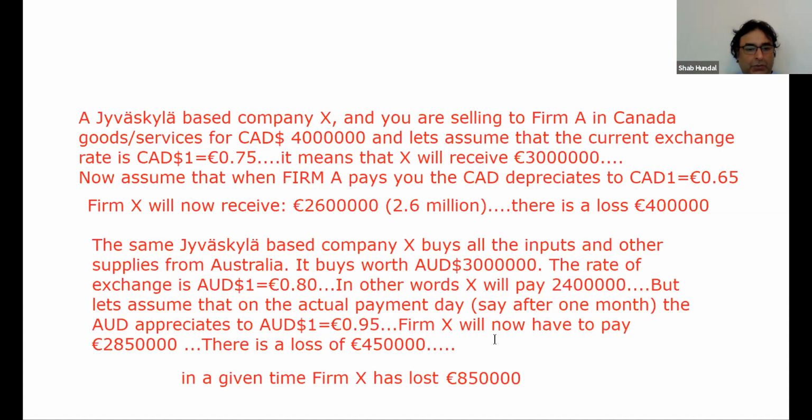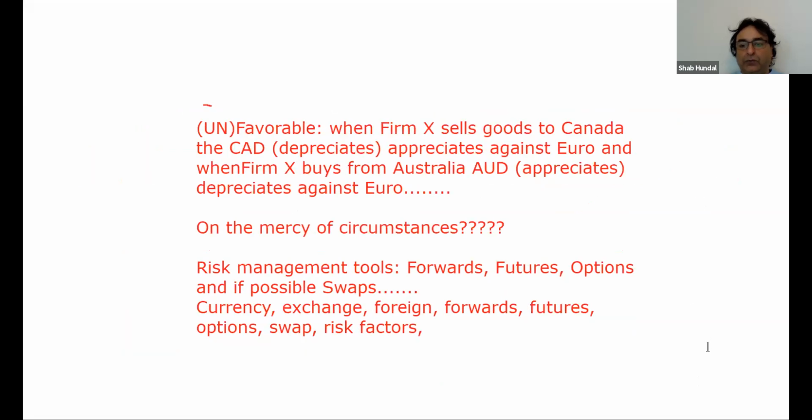So we shall see each other tomorrow at 4 o'clock, and then we will discuss more. But before you come to the lecture tomorrow, please understand the basic foundation of this topic. Once you understand it, we will have some discussion tomorrow, and then I will take on the first tool of risk management, that is, how we can avoid this situation.